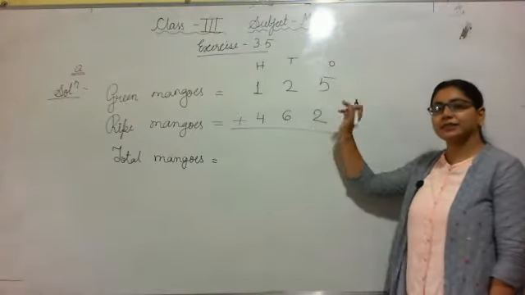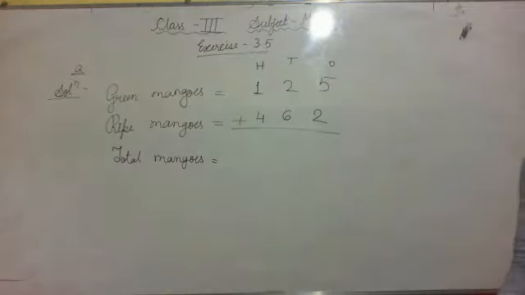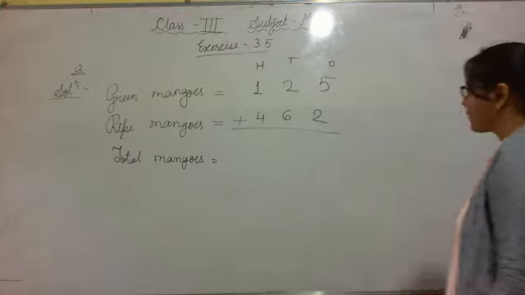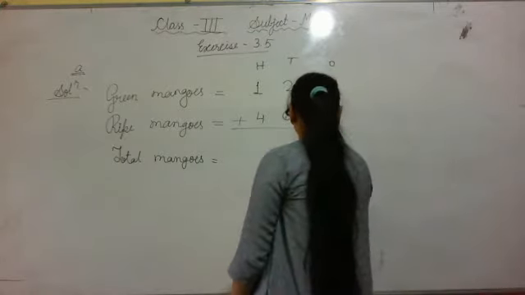Now plus 2 is there, so open 2 more fingers. Now count how many fingers, 5 and 2 together. Very good, 7 fingers. So we will write the number 7.